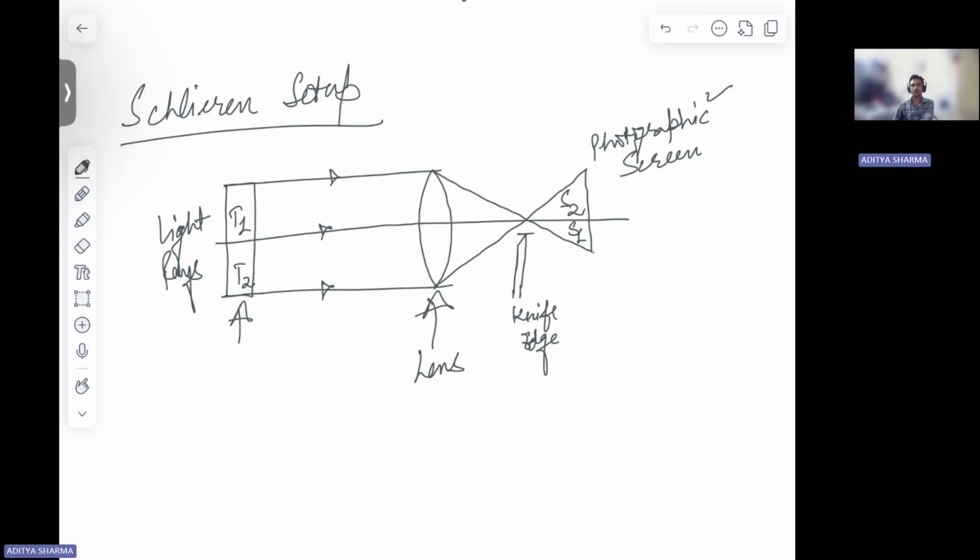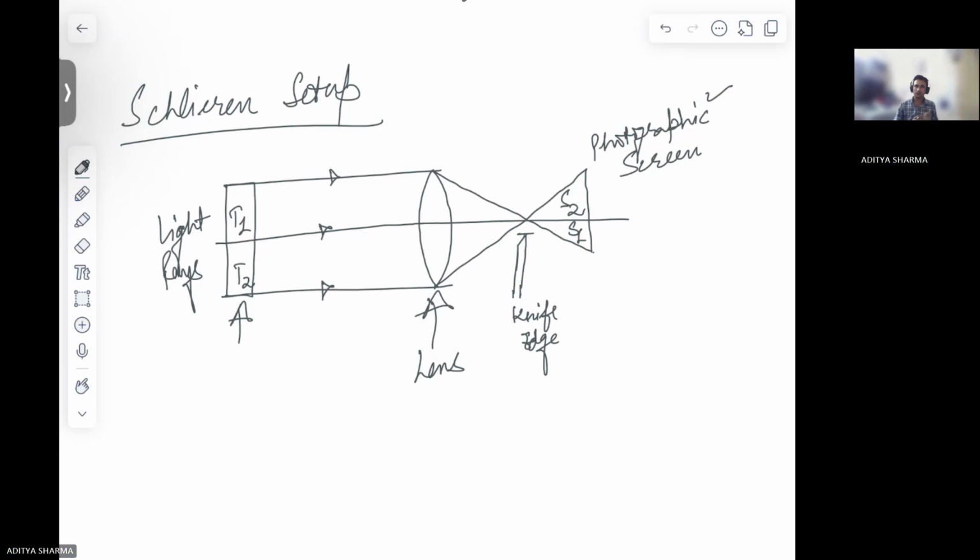Now, what is the purpose of your knife? So half of the path you're going to hinder with your knife. What will happen, because there will be density variations, right? Because of these density variations, the ray of light, which normally was passing through some path, is going to change its path, right?